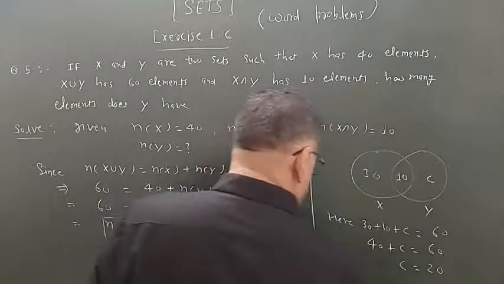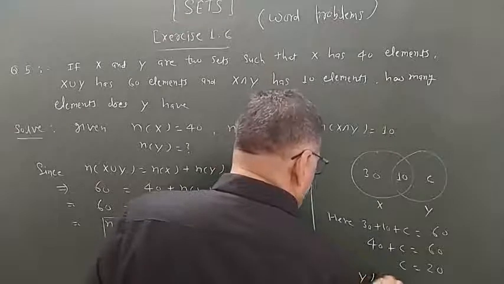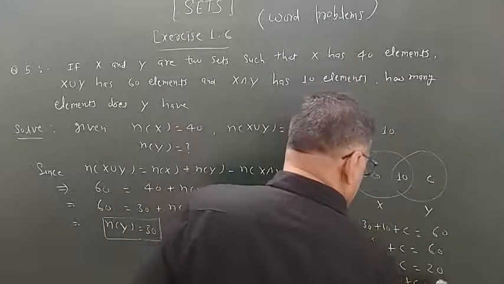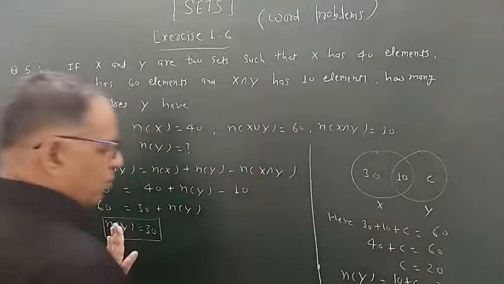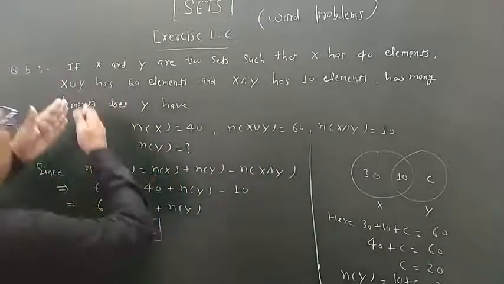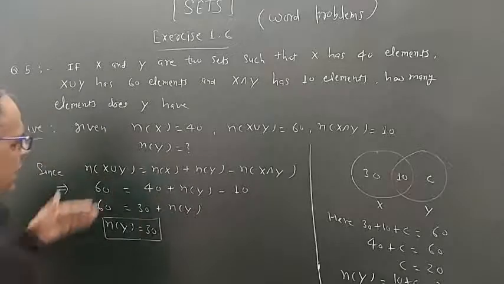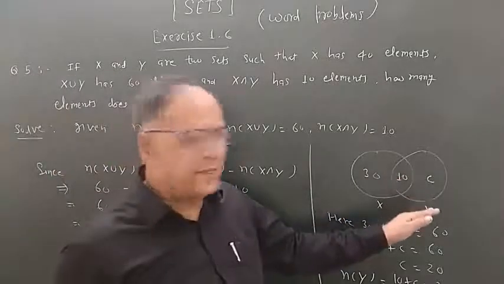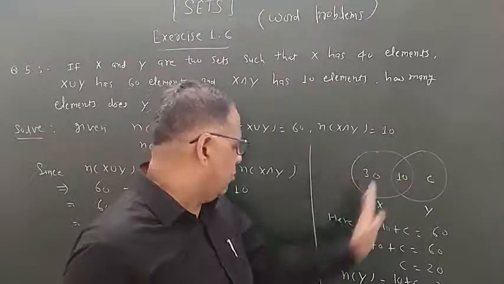So the number of y becomes 10 plus c, that means 30. So if you want to use the formula method, you can approach it this way. If you want to use the Venn diagram method, you will go through this method.